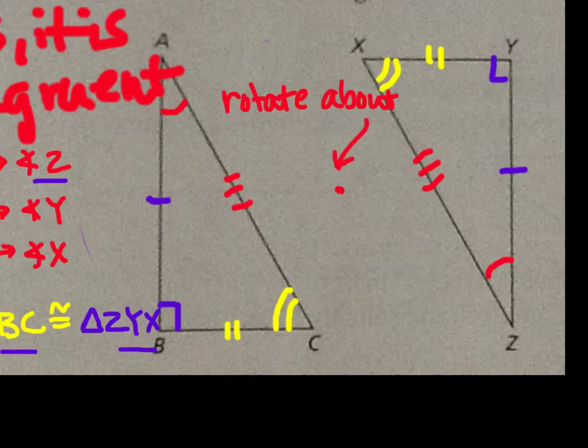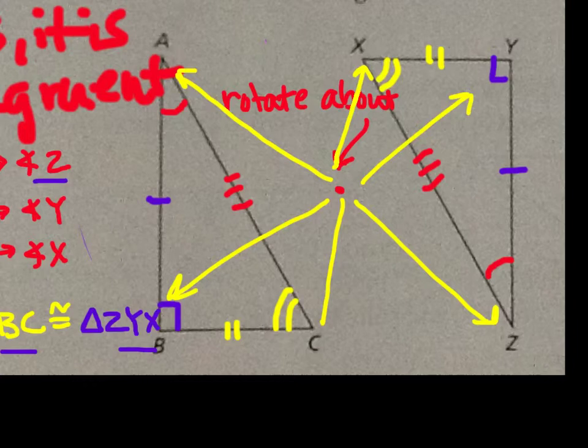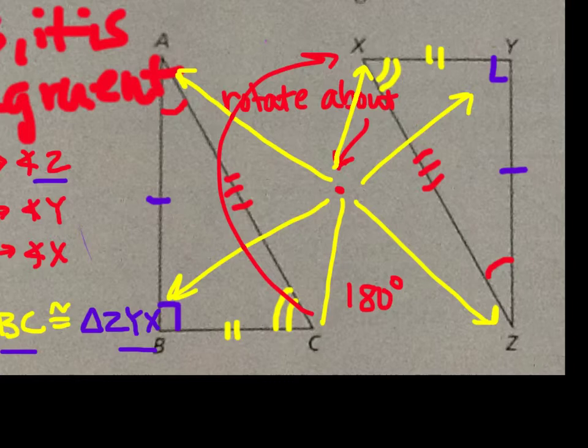If I were to rotate this about this point, especially if it were the same distance from here to here, the same distance from A to Z, and the same distance for B to Y, I would be able to rotate this about that point 180 degrees. So I would need to take C and rotate it to X. So my very last step was describing that transformation that I could make.